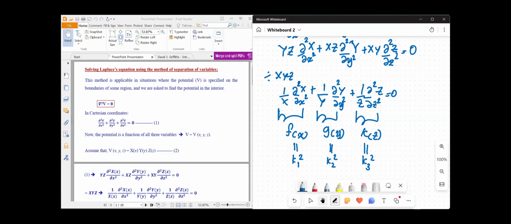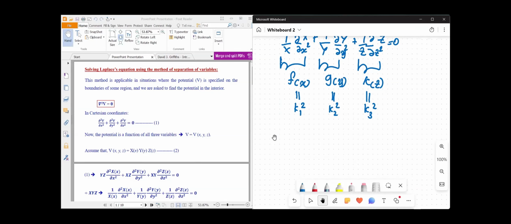Then we can write k1 squared plus k2 squared plus k3 squared should be 0.